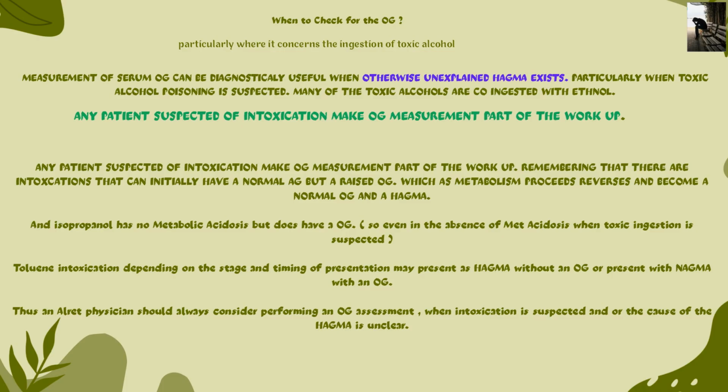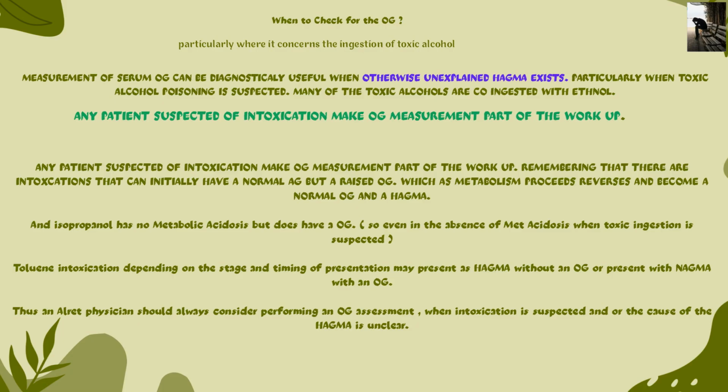Now that brings us to the all-important question of when do we do the osmolar gap and what information can the osmolar gap give us and how do we make use of the osmolar gap. Do we need to do an osmolar gap for every patient? Absolutely not. Doing every test for every patient is not scientific medicine.